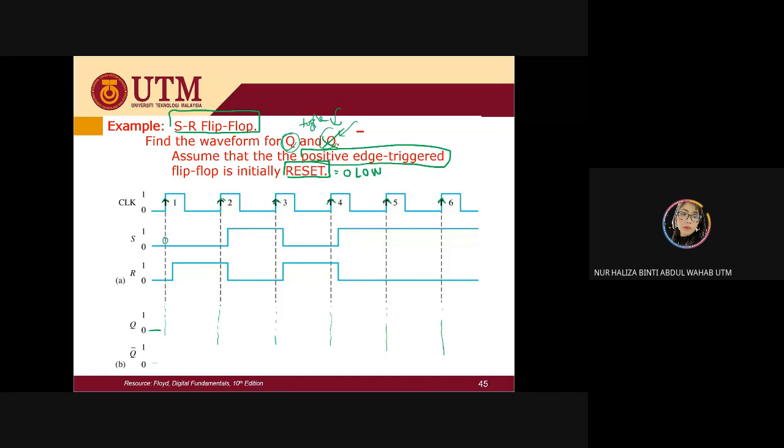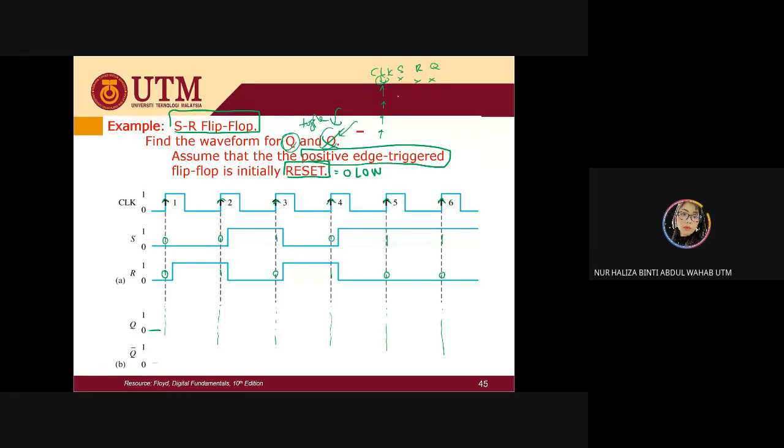Here will be 0, here will be 0, here will be 0, here will be 1. This one is 1 and 0. This is 0 and 1. 1 and 0, 1 and 0. So I still remember my table. No change for any other than positive.